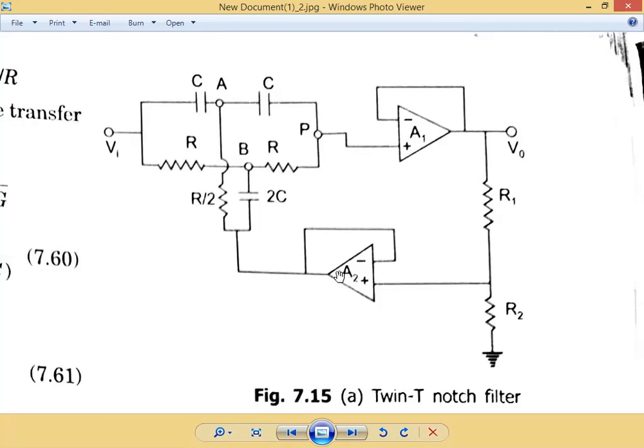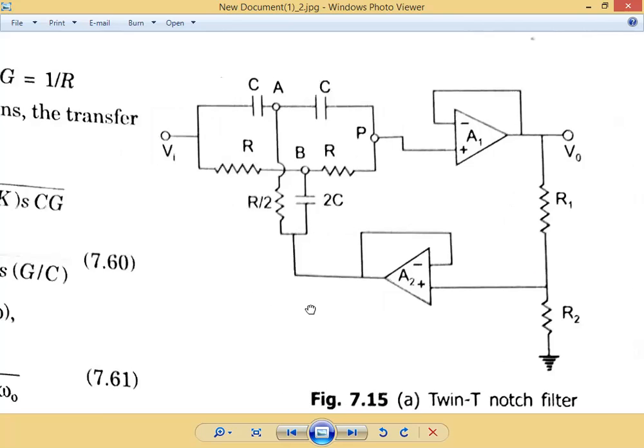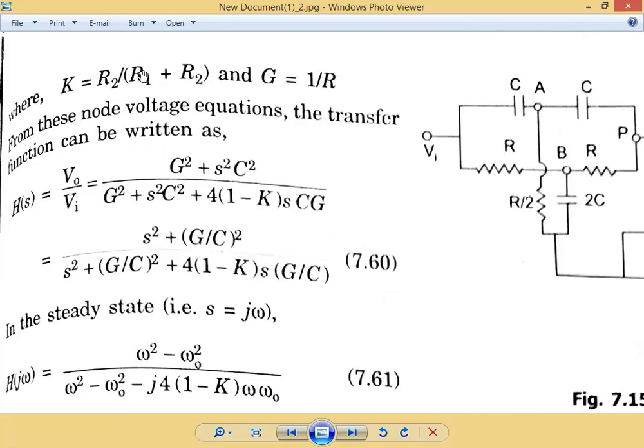We are going to take a constant value, that is R1, R2, in this path. Now the left path is this path. The voltage at this node will depend upon the R1 and R2 values also. So we take that constant value as K, and K is equal to R2 divided by R1 plus R2.